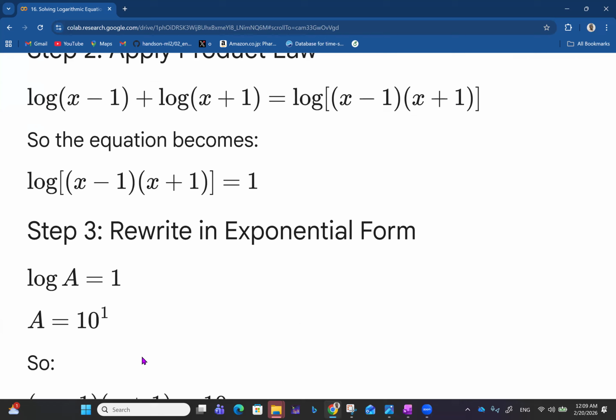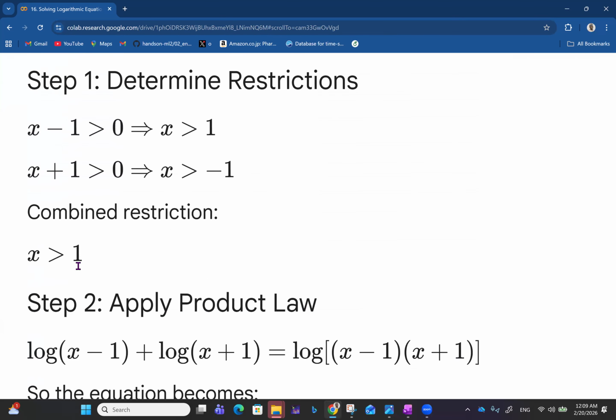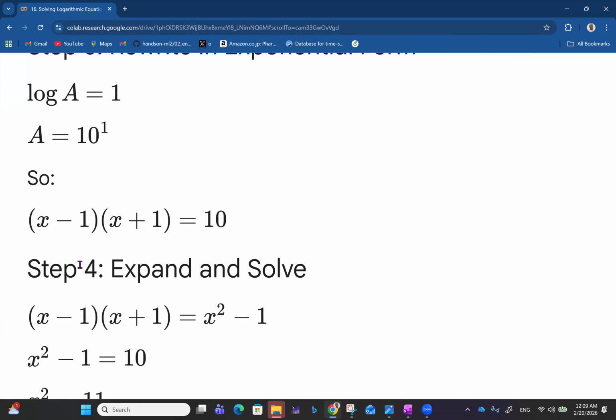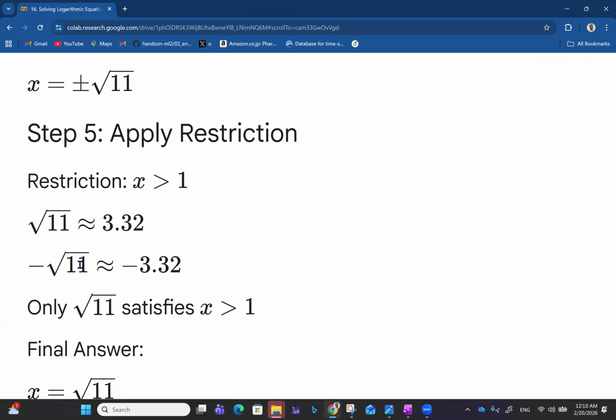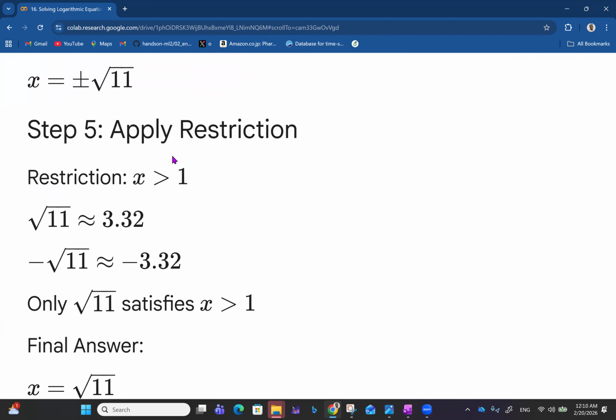And don't forget the combined restriction that x has got to be greater than 1. Here you have two answers, right? You have x to be plus or minus square root of 11. Since the restriction says x should be greater than 1, and we know that square root of 11 is approximately 3.32, or even without getting this, you already know this is bigger than 1.